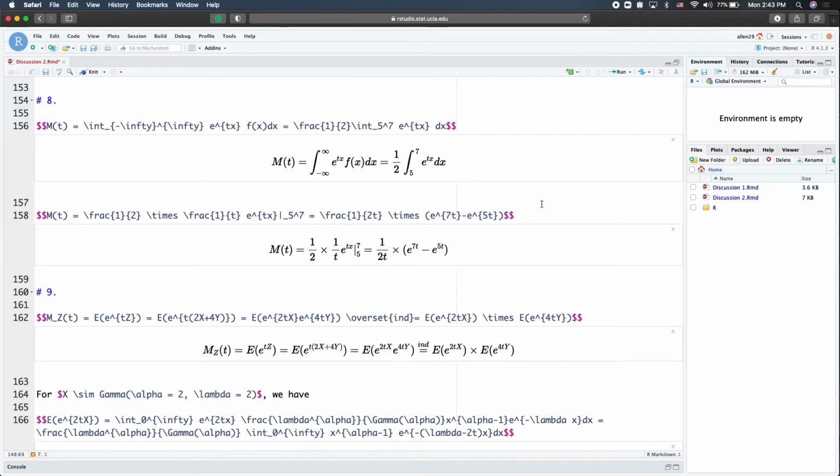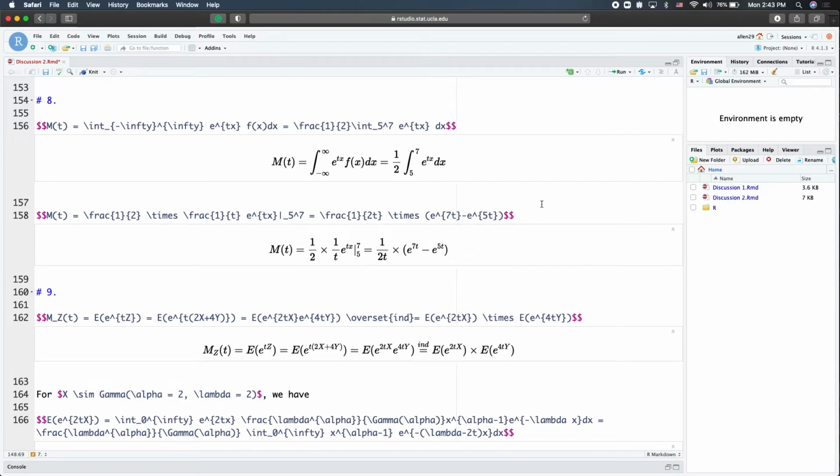For that one, I made a piecewise function because t can be 0, right? When t is not equal to 0, it's that function, but when t equals 0, I say it's 1. Is that necessary? Because if t equals 0, you divide something by 0 for the moment generating function. That's a good question. So it's undefined when t equals 0.